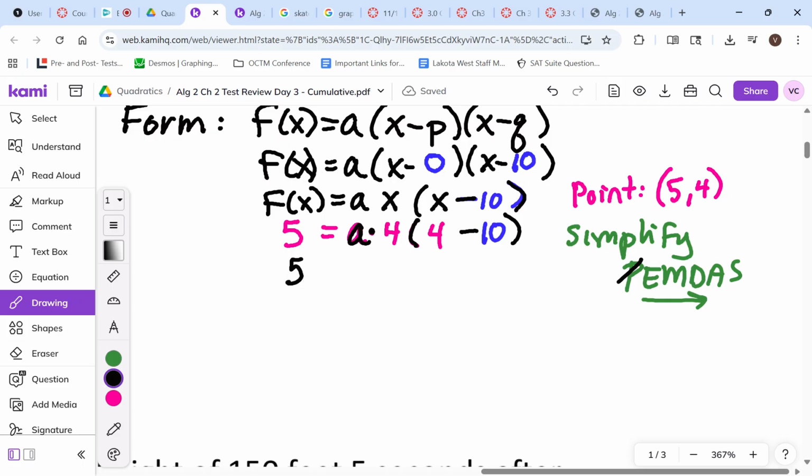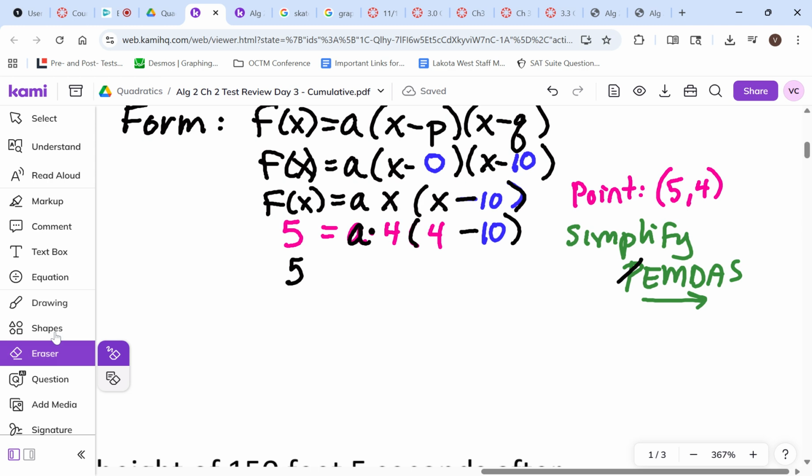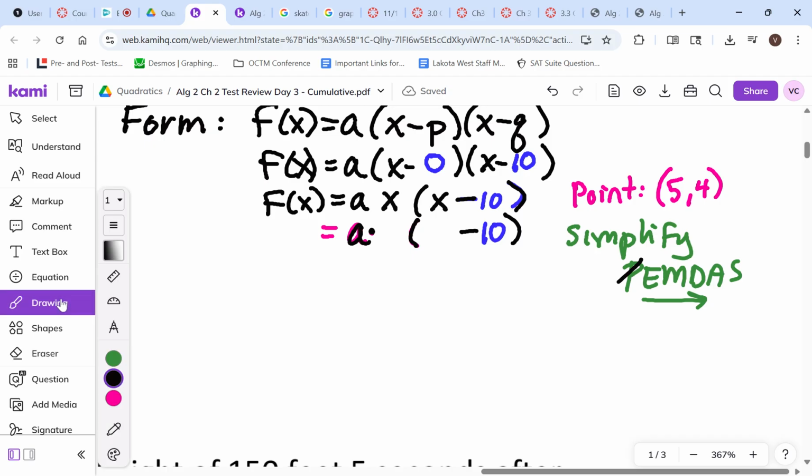I've totally messed this up. Okay, my x value is 5 and my y value is 4. I apologize. Okay, let's do PEMDAS. We do our parenthesis. That gives us -5.